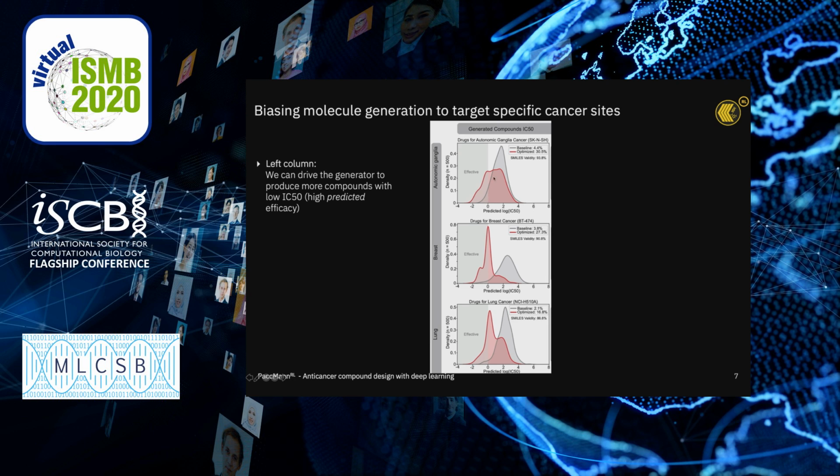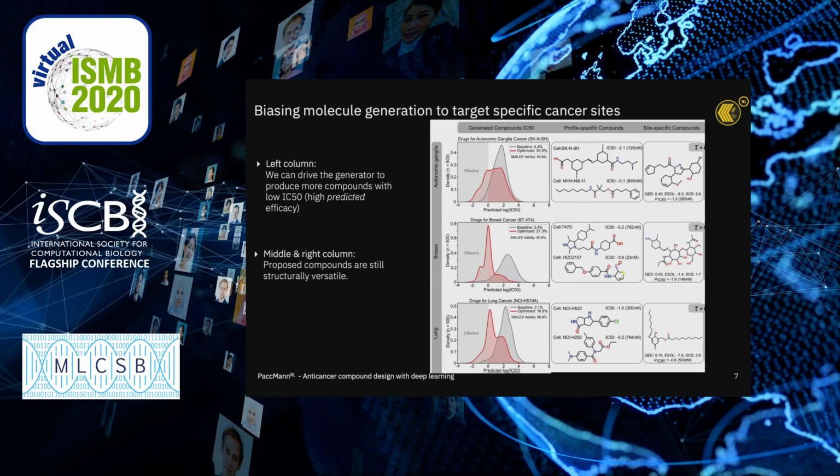The gray distributions are the baseline distributions of the not optimized chemical VAE, where we see that about 2 to 4% of the molecules are predicted to be effective, to have a low IC50. Then after the optimization with the deep reinforcement learning, we can shift those distributions. We get those new red distributions, where about 20 to 30% of the molecules are predicted to be effective.